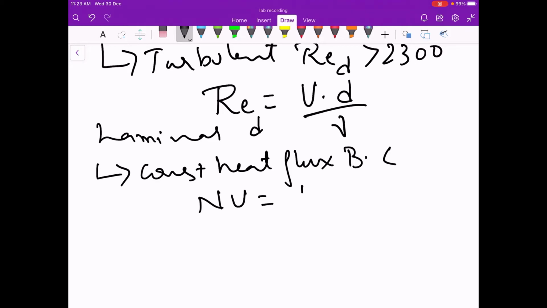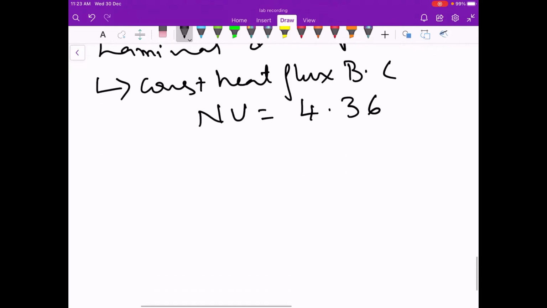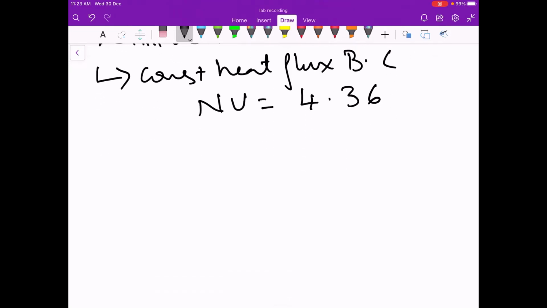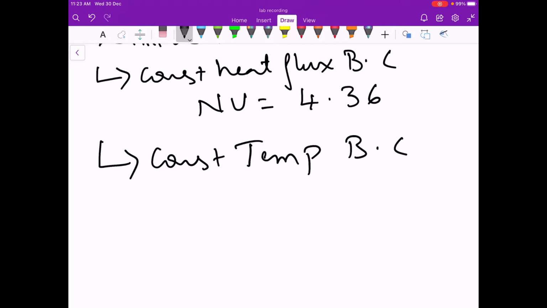Then Nu is equal to 4.36. It is fixed. A lot of derivations exist for this already. Then similarly, for the constant temperature boundary condition, the Nusselt number is 3.43. Understood?